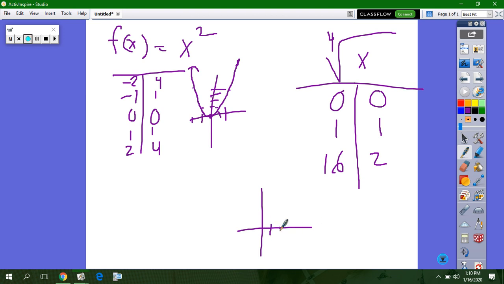It's like steeper. And notice it's like a parabola being stretched, right, to the fourth power. Everybody good there? Any questions? Ready to rock?